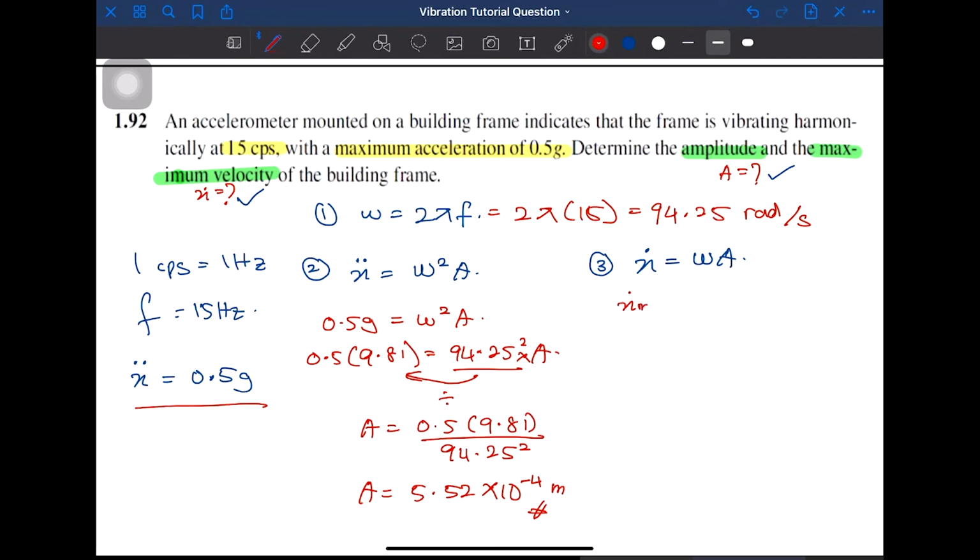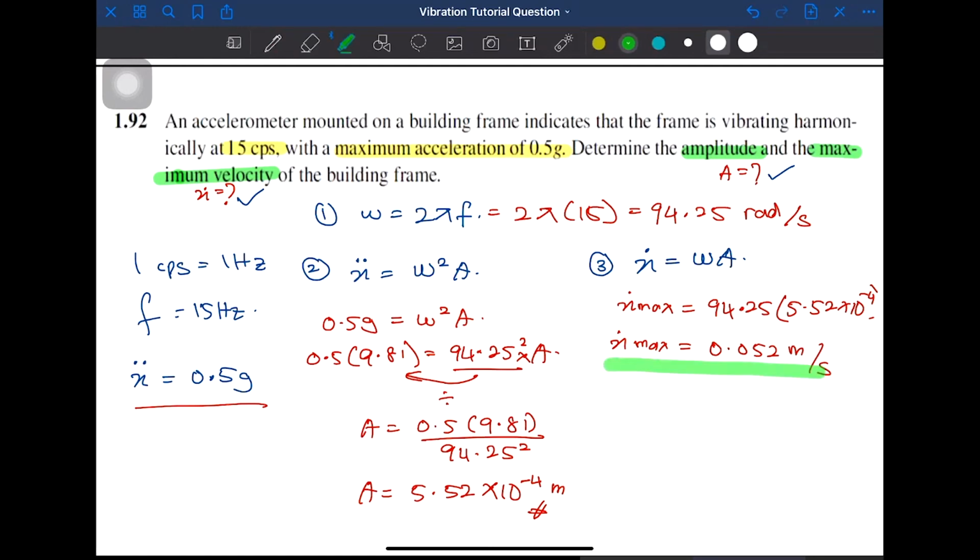So you can find your maximum velocity: substitute the value for your omega, 94.25, multiplied with the amplitude 5.52 times 10 to the power of negative 4. So your maximum velocity, you get the value of 0.052 meter per second. All right, and this will be your answer for this question.